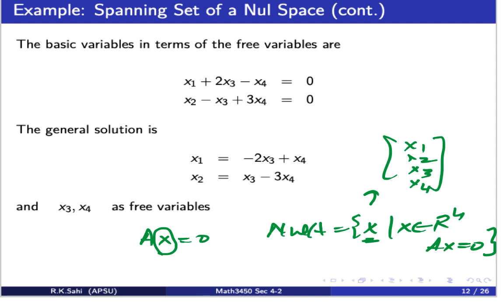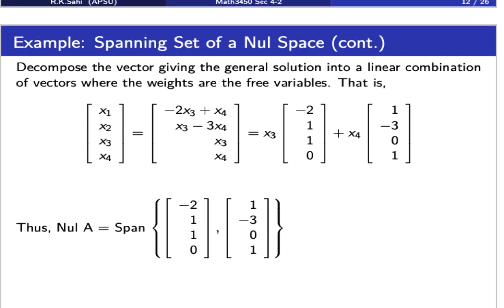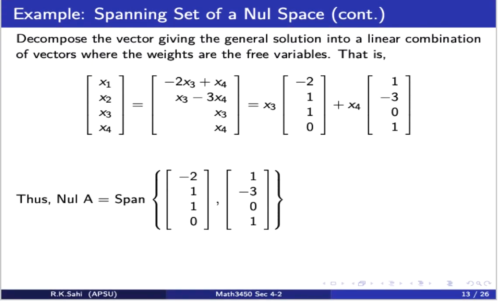And if you remember, we have done a lot of practice of writing this parametric vector description. We write x1, x2, x3, x4: x1 is in terms of x3 and x4, and x2 also in terms of x3 and x4, and then these two remain as they are.